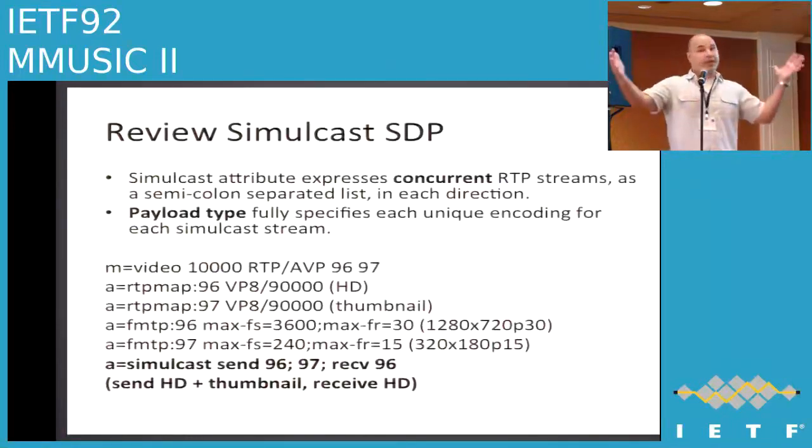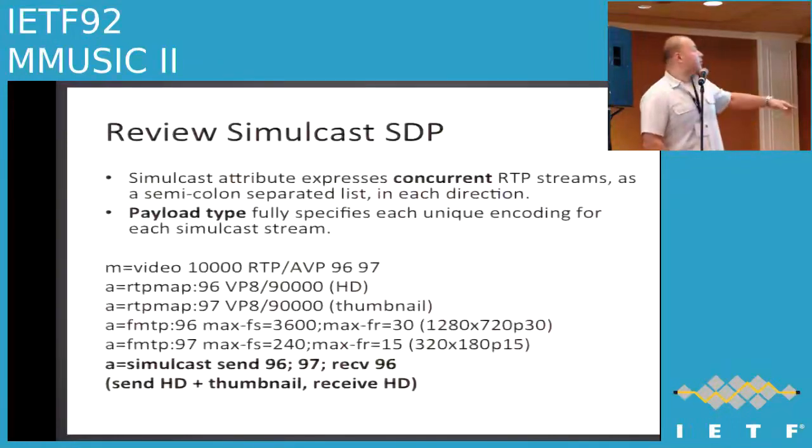Yeah, we're happy to suggest any other syntax. The basic point is that it's a semicolon separated list of payload types. We list all the payload types of concurrent streams, and the semicolon separates the concurrent streams. The direction is a prefix that tells you all these concurrent streams are in this direction. And then you can have another direction with a list of concurrent streams. But there's just an extra semicolon here? Is that what we're talking about? No.